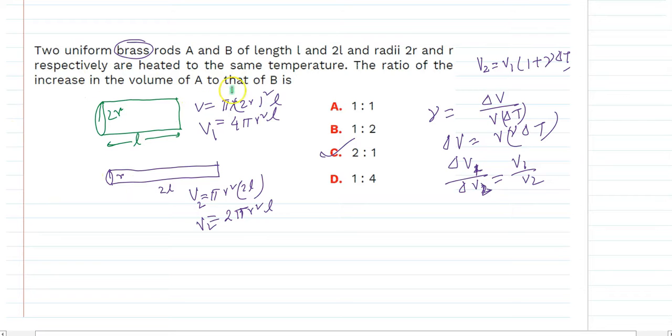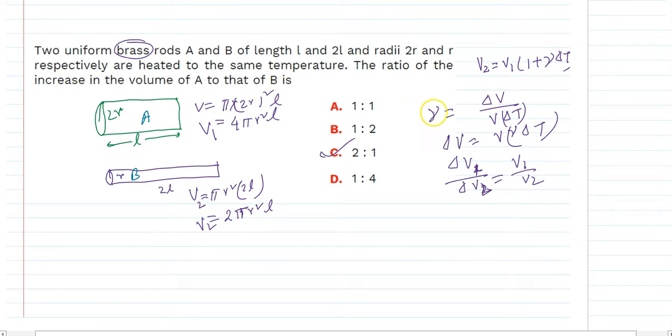What is the ratio of the increase in volume of A to B? The volume of rod A, V1, is pi into 2r square into L, which is 4 pi r square L, and the volume of rod B, V2, is pi r square into 2L, which is 2 pi r square L. The ratio of the increase in volume of A to B.